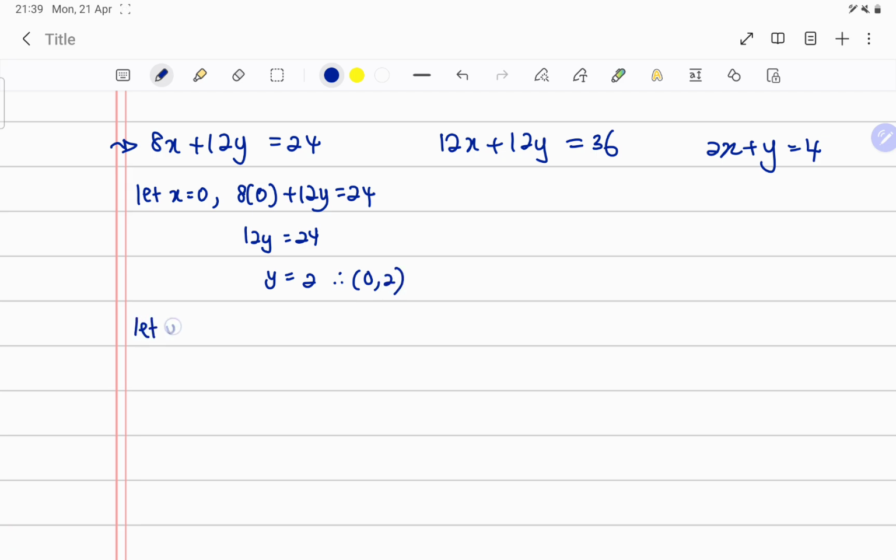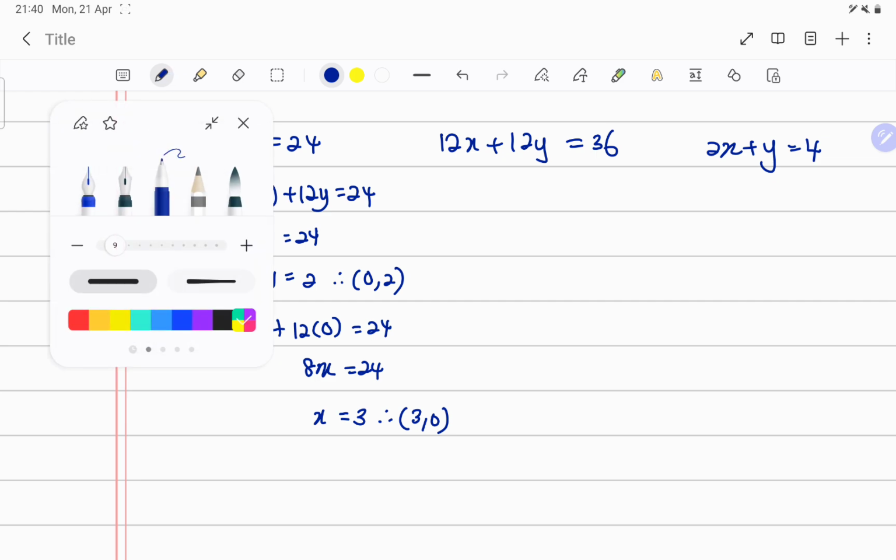Now you let y equal to 0. Now you substitute 8x plus 12y, which is 0, equal to 24. So 8x equal to 24. You're going to get x is equal to 3. So you get one coordinate here, which is 3, 0. So now you have two coordinates.